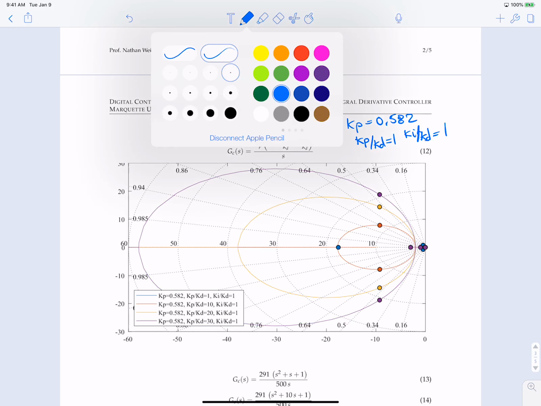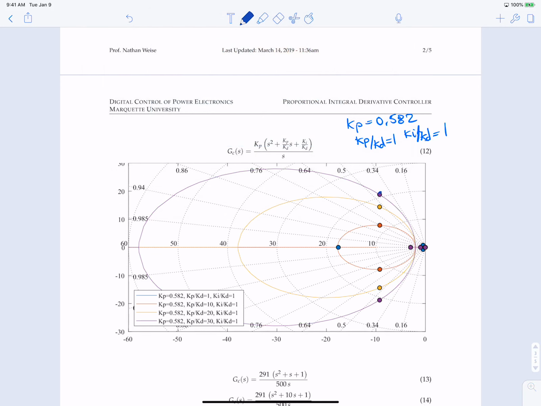And what I did then is I swept the various ratios here. So I swept, in this case, I'm sweeping Kp while maintaining these ratios. The dot that I have right here is actually for a fixed point here.